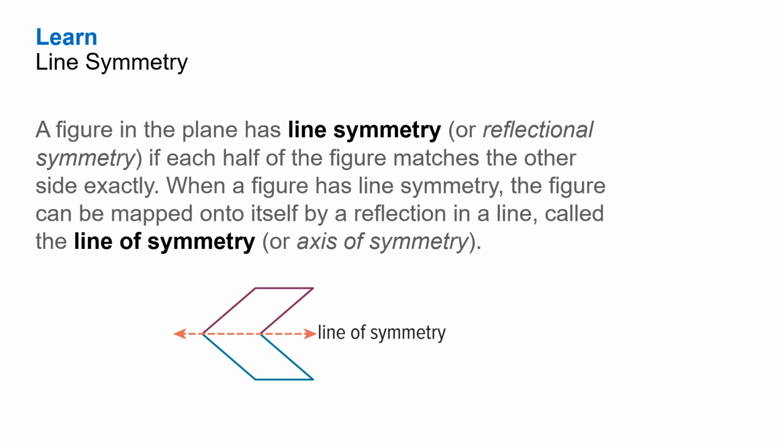A figure in the plane has line symmetry, sometimes referred to as reflectional symmetry, if each half of the figure matches the other side exactly. When a figure has line symmetry, the figure can be mapped onto itself by a reflection in a line called the line of symmetry, or sometimes the axis of symmetry.